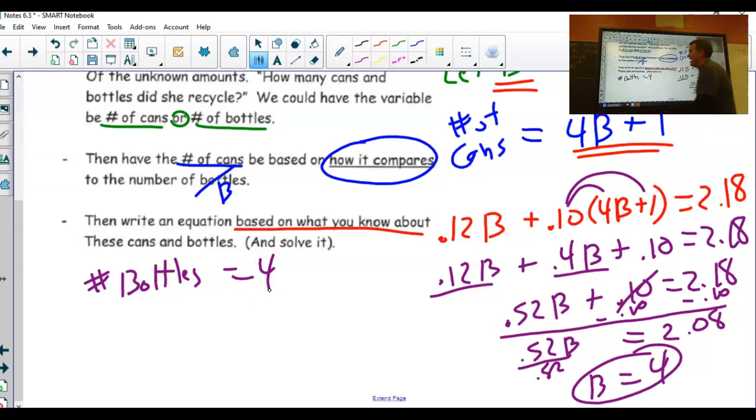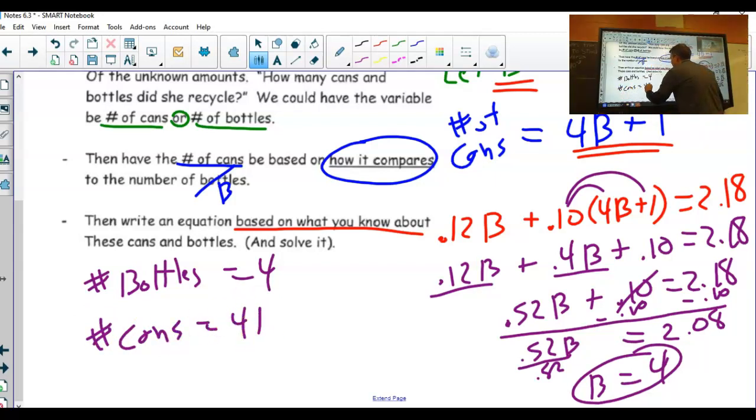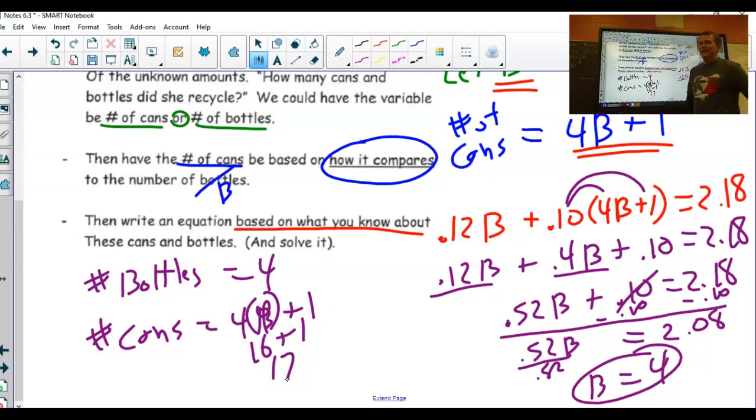And once I know that, I can get the number of cans, right? The number of cans would be 4b plus 1, or 4 times 4 plus 1. 17 is the number of cans. And I have answered the question, and I did it using one variable.